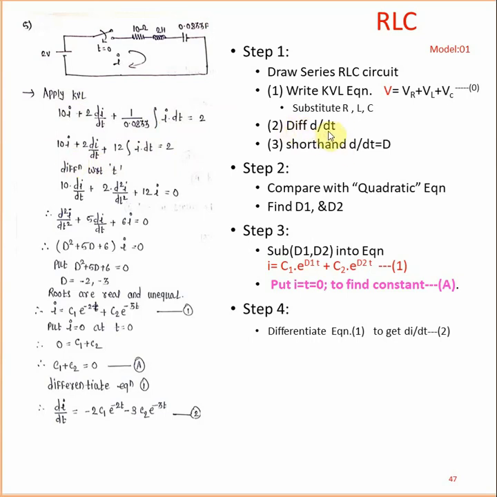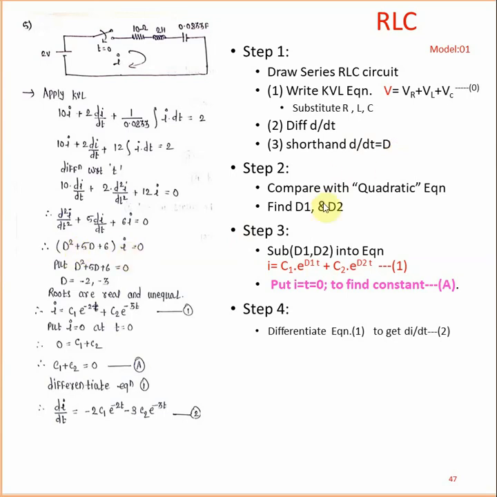Then differentiate d by dt one time. So we get d squared I by dt squared plus 12 into I only, and the constant differentiates to 0. After that, as shorthand, d by dt is replaced by capital D: D squared plus D, and I is common outside.